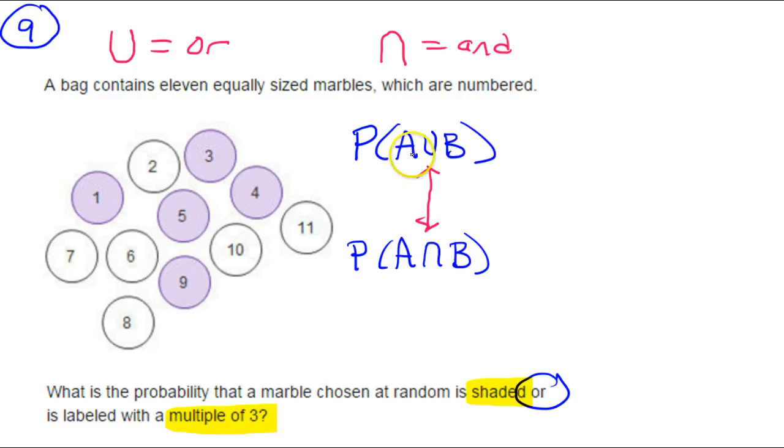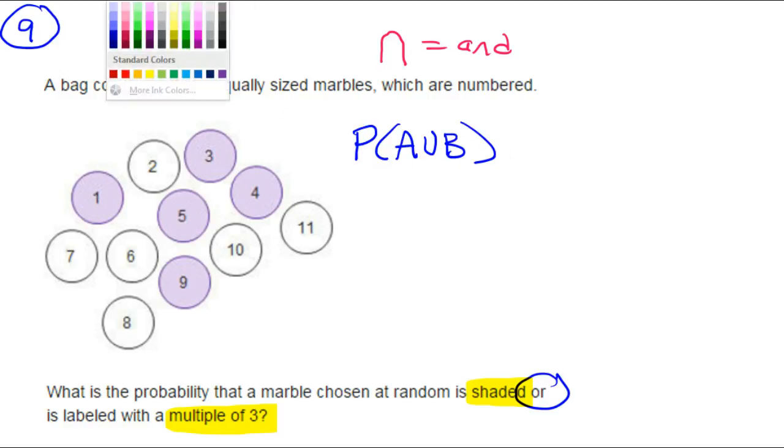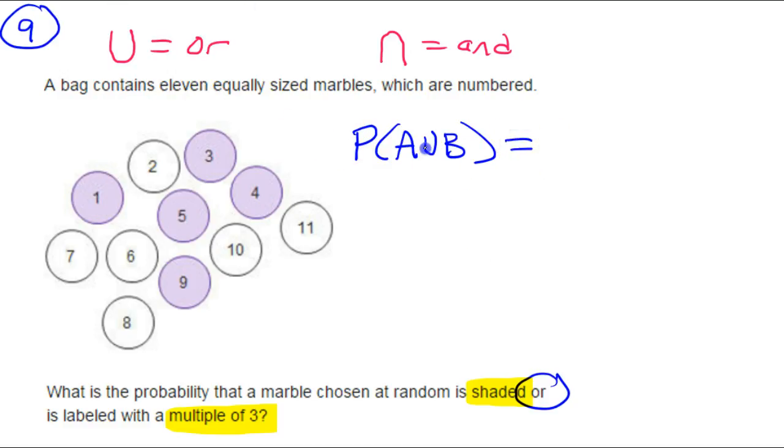So we should be dealing with the top equation. When you're talking about something or something, we're going to be dealing with this. Now, here's the equation. If you want to find the probability of A or B, then this is the one where we do an addition rule. So we do the probability of A plus the probability of B.